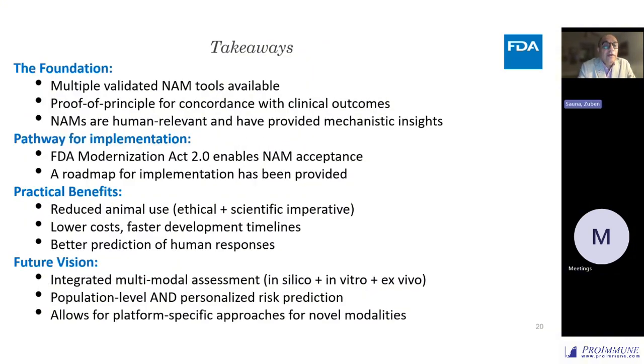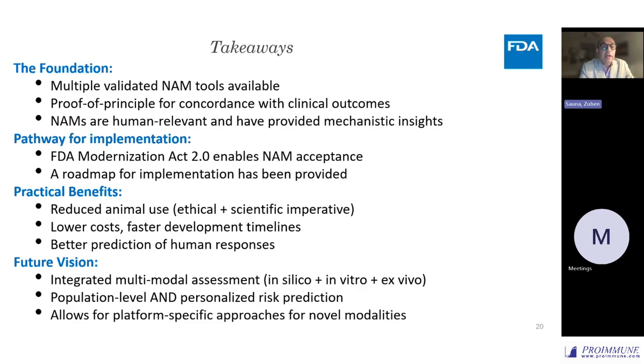The takeaways is that we have a good foundation of multiple validated NAM tools, and there is some limited proof of principle for concordance with clinical outcomes if the experiments, donor pools, etc., are carefully designed, as are the workflows.